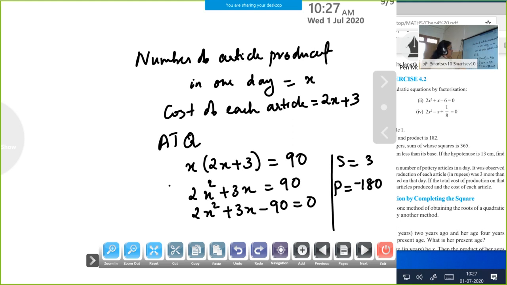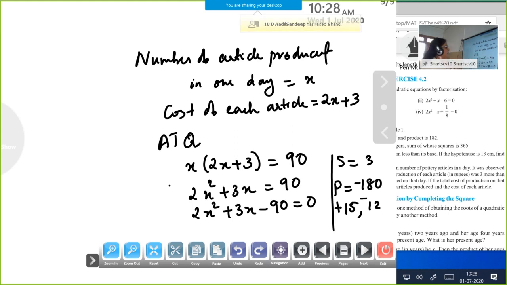Then what are the numbers? Sum is positive and product is negative, so one is positive and the other is negative. Sorry, plus 15 and minus 12.